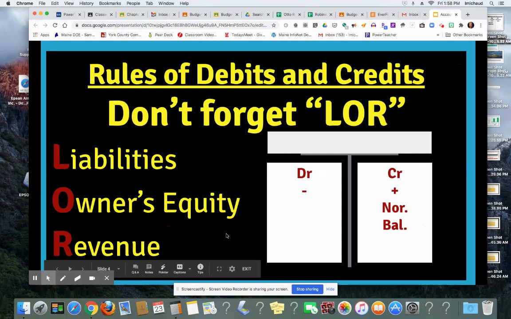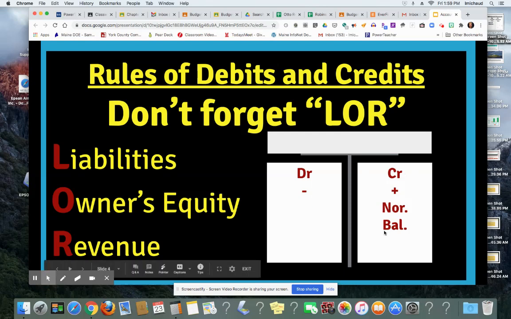Now other accounts, LOR: liabilities, owner's equity, and revenue. So their T account looks like this. Again, the left-hand side is always a debit. The right-hand side is always the credit. But with these accounts, liabilities, owner's equity, and revenue, you increase on the credit side and you decrease on the debit side.